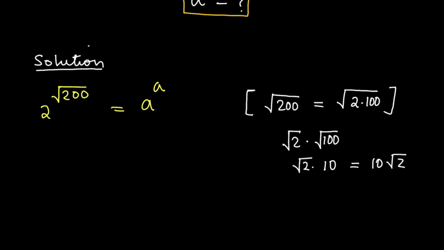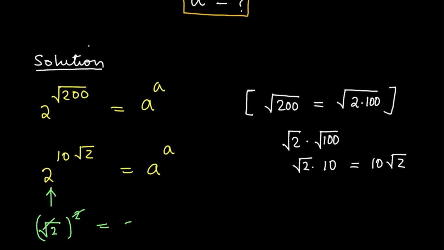So I'm going to write this as 2 raised to power 10 root 2 is equal to a raised to power a. Let us express 2 here as square root of 2 raised to power 2, since this is still the same thing as 2.